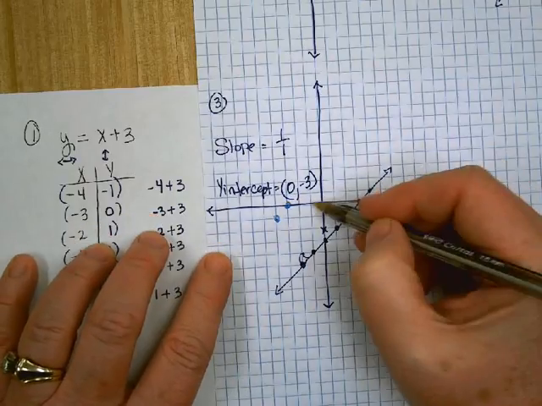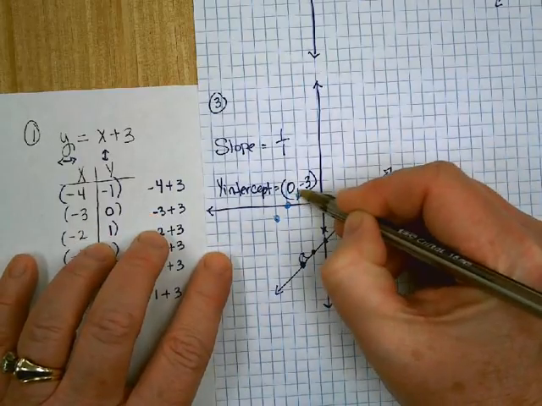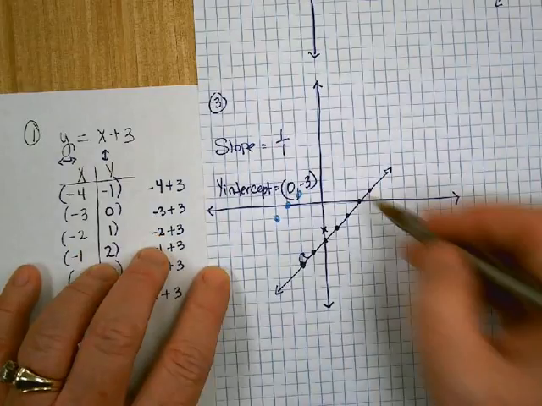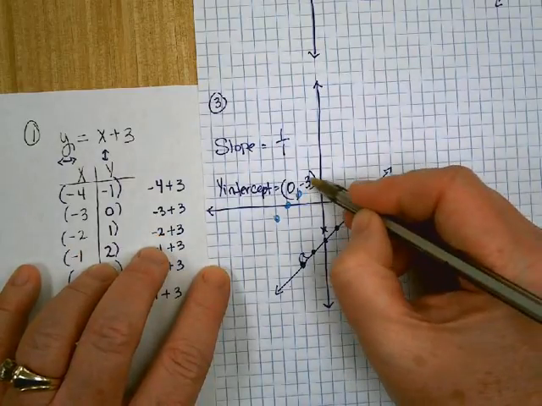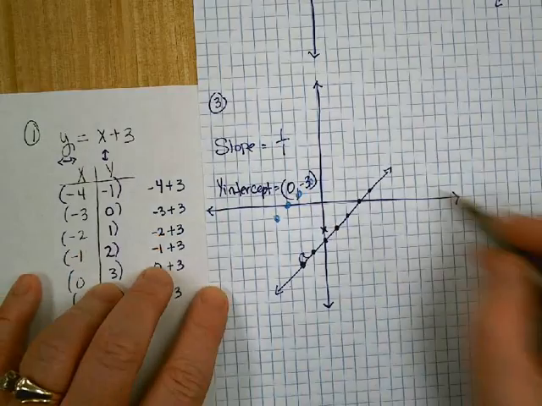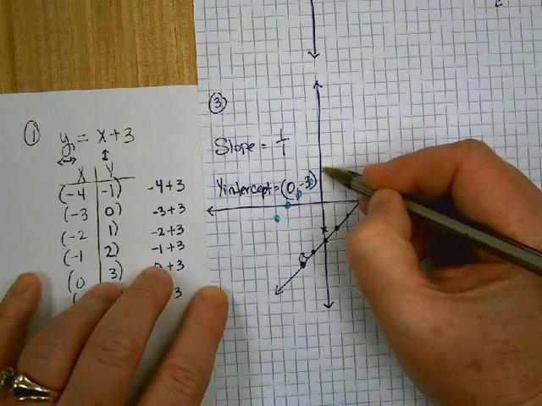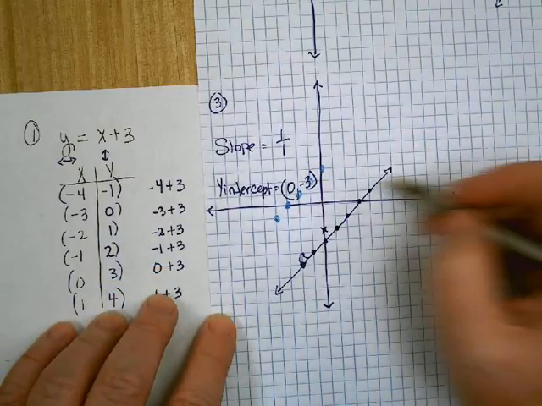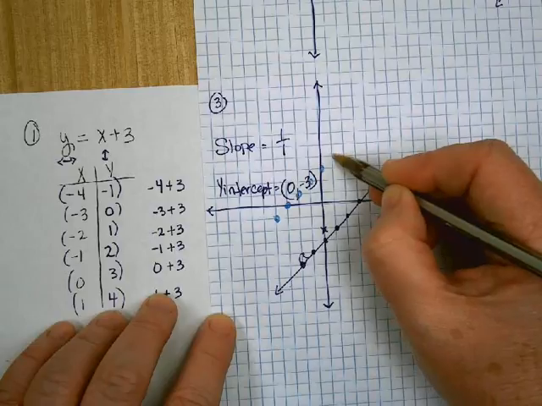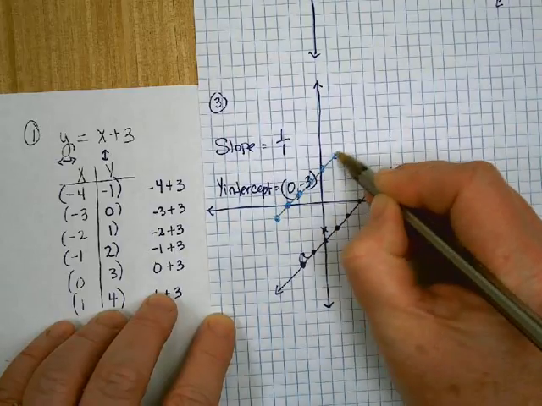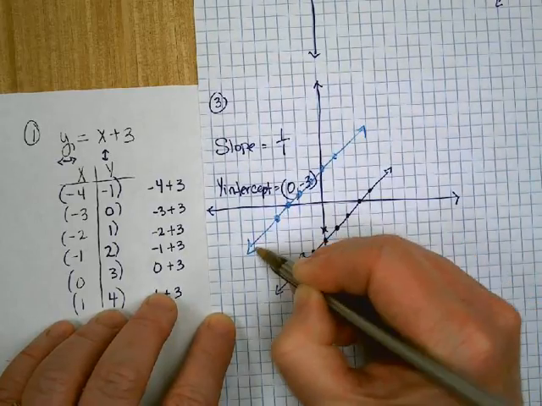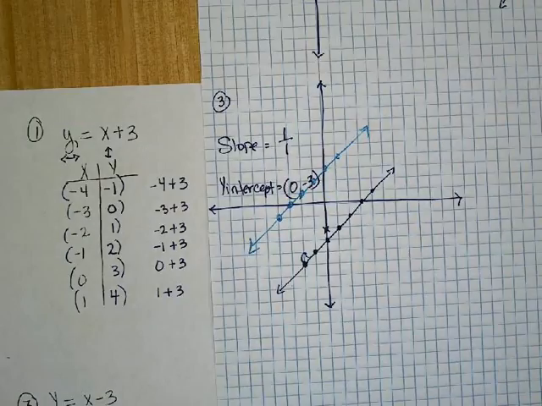Negative 2, 1. Negative 1, 2. 0, 3. And 1, 4. So I've graphed these two together.